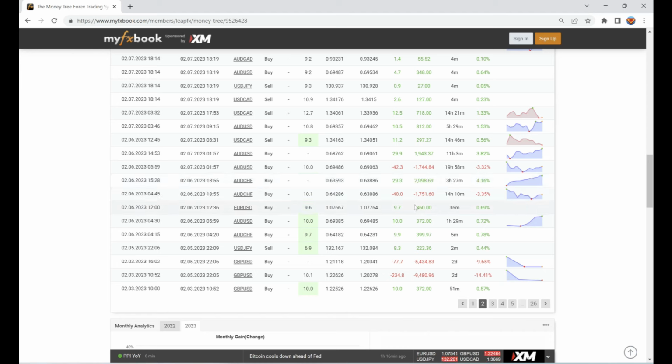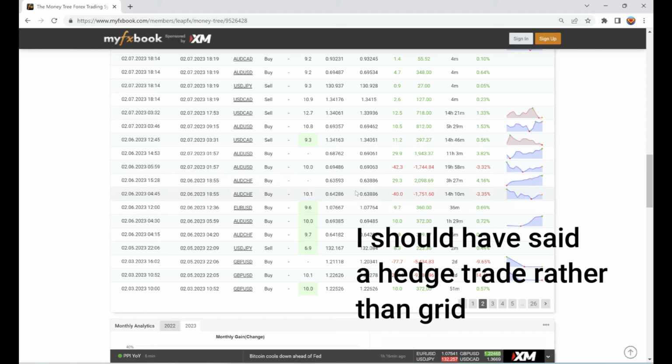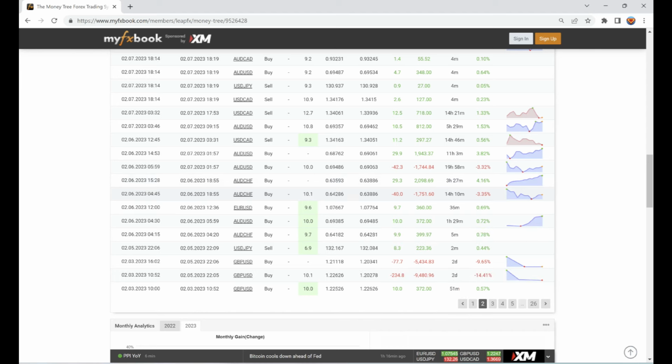So it kind of looks like a grid, or it does open another trade to try and compensate for the loss. And I've noticed for each one, the first one takes a 40 pip loss, and then this one always seems to take a 30 pip gain. So overall, you're minus 10 pips down. You can see the same thing happens here with Aussie dollar.